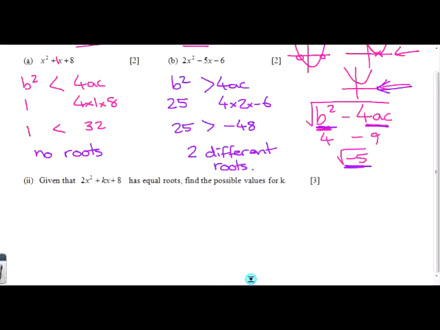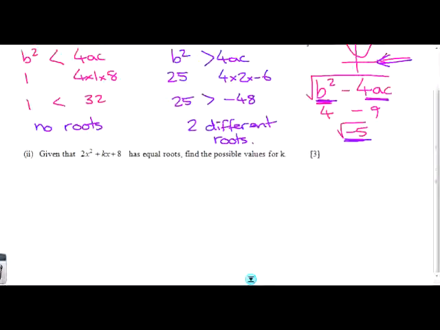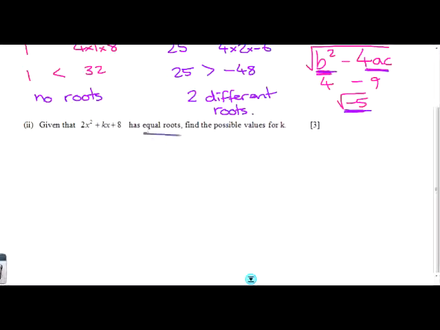Okay, so when it's equal roots, we love this type of question. When it's equal, like I just said earlier, we're going to get this example. So there's 2 roots, but they're exactly the same. So that means that b squared is going to be equal to 4ac. So here we don't know what b is because it's k. So k squared, just substituting b for the k, is 4 times 2, which is a, and 8, which is c.